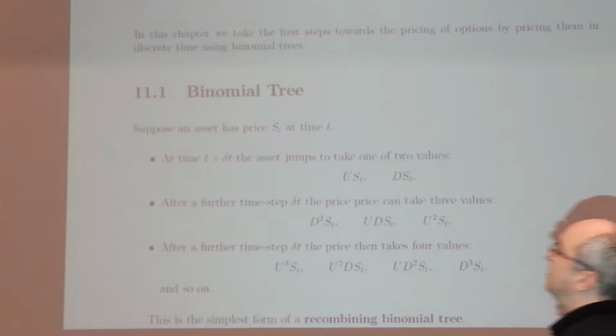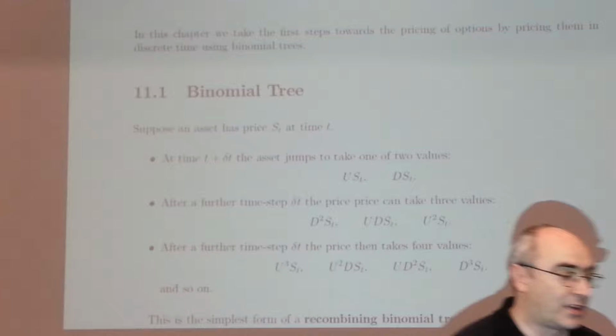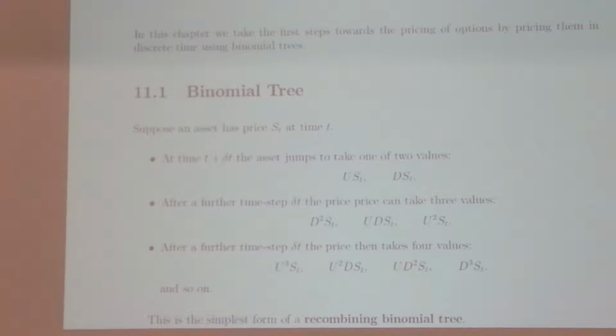So the way that it works is the following. We're going to suppose that we've got an underlying asset that's got a price of S_t at time t. That price itself, we're going to assume behaves in a certain way.